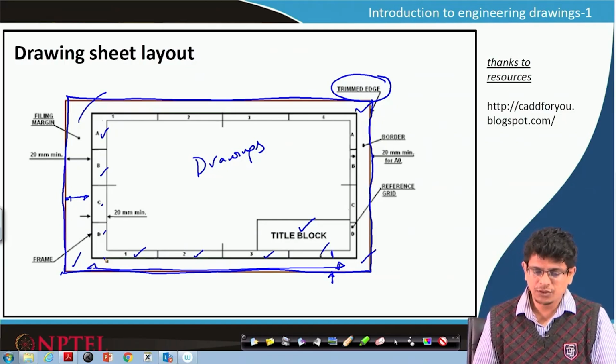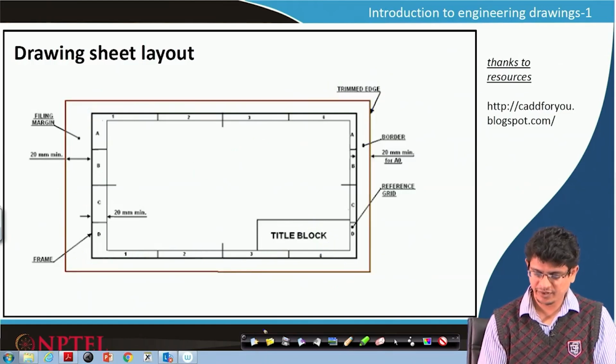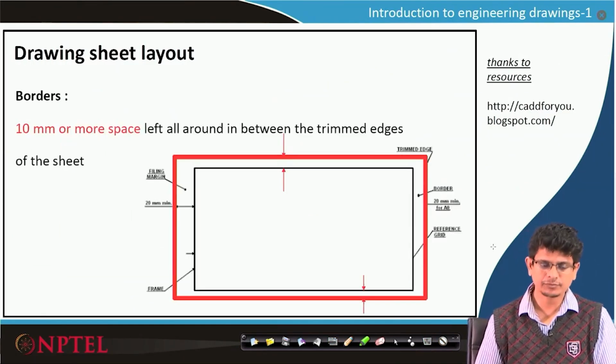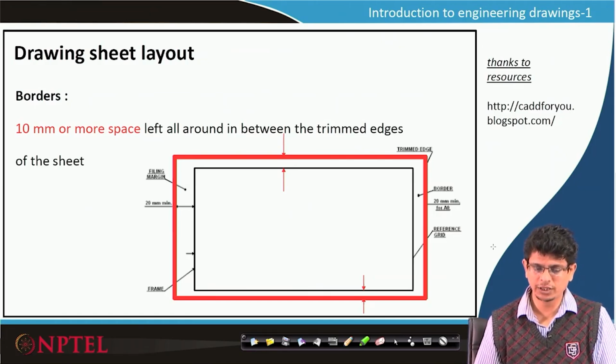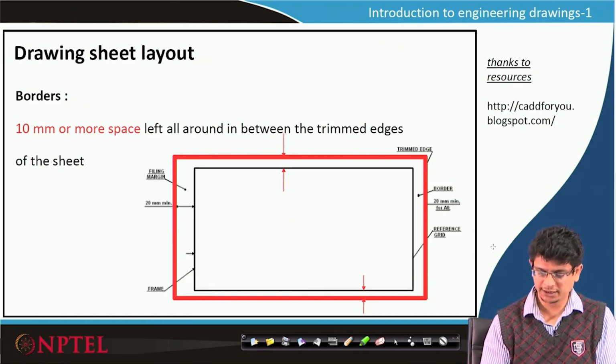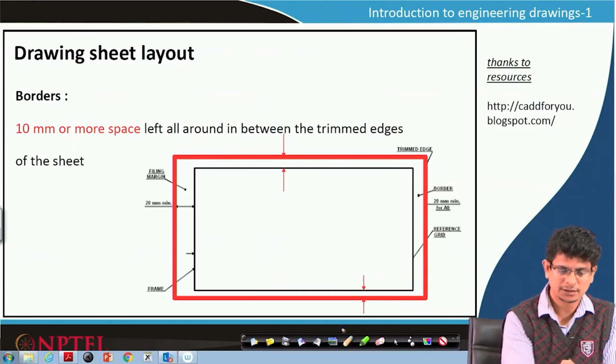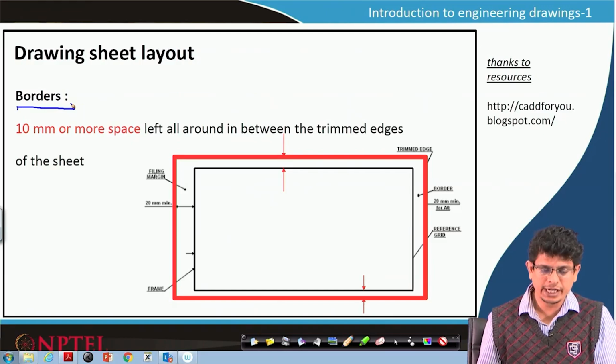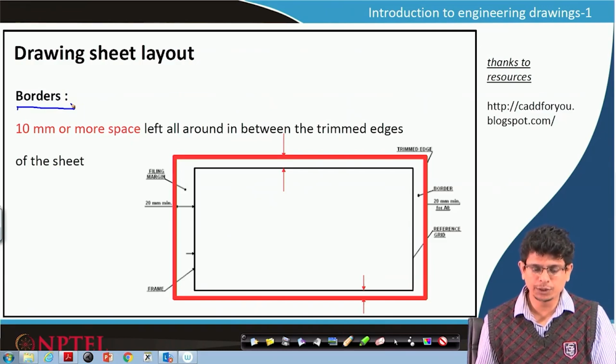In this class, we will look in detail at the drawing sheet layout. The first element of a drawing sheet layout is borders. Usually 10 mm or more space is left all around between the trimmed edges.